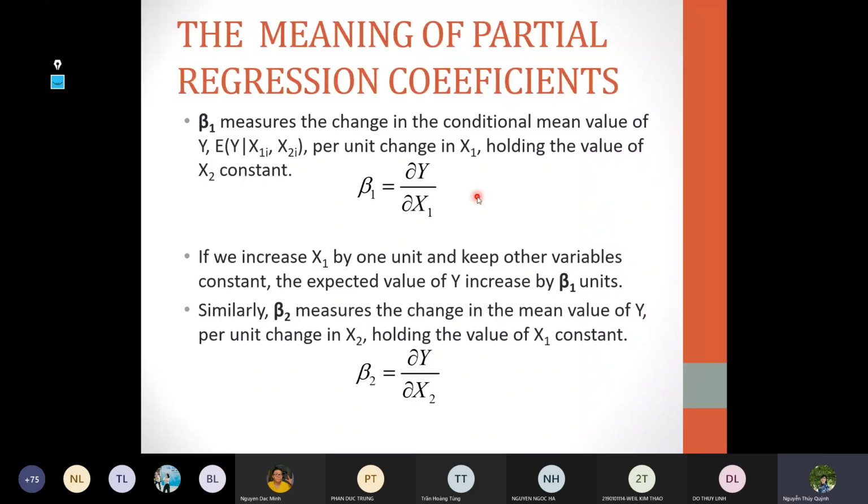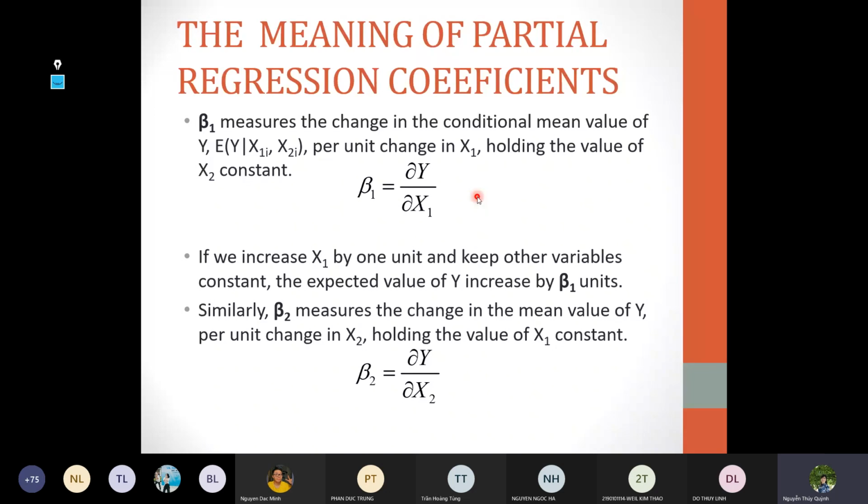When we increase x2 by 1 unit and keep x1 constant, the expected value of y will increase by beta 2 units. So beta 2 shows the effect of only x2 on y.